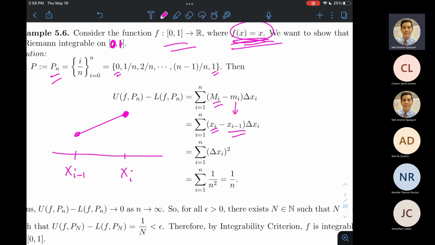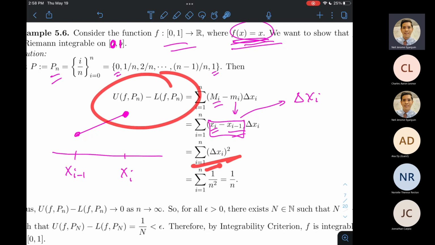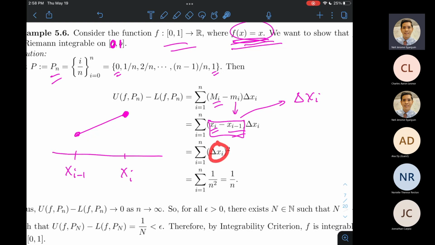But x sub I minus x sub I minus 1, this difference is just the length of the ith subinterval. So therefore, this difference turns out to just be the summation of the squares of the ith subintervals. Okay? Tapos, alam natin by choice, by design, ang delta x sub I na haba ng bawat interval ay 1 over n. So delta x sub I is 1 over n, square it, you're gonna get 1 over n squared.